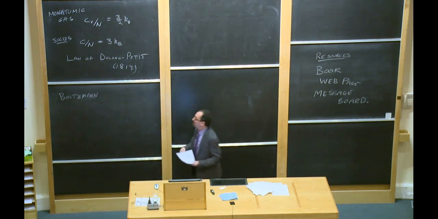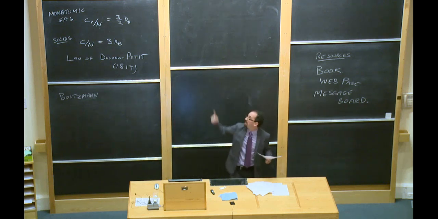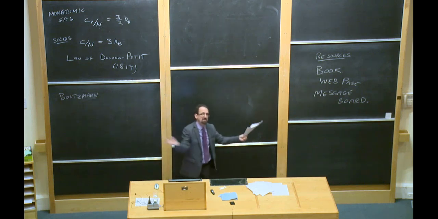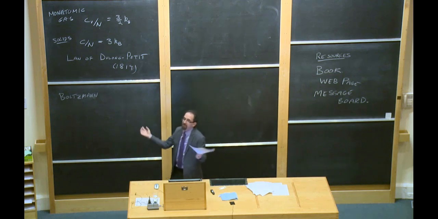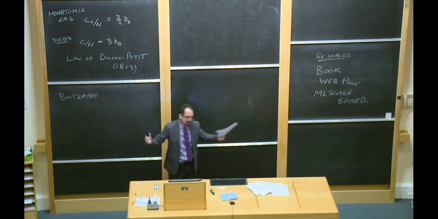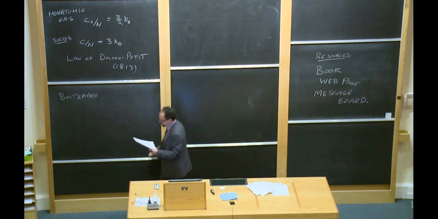Now, if you remember, what is his statistical mechanical picture of a gas? He already knew how to derive this 3/2 kB for a gas. And his picture of a gas is that you have these atoms flying back and forth in space. As you raise the temperature of the gas, they fly back and forth faster, and so they have more kinetic energy. So dQ, Q is the energy, and T is the temperature, and Q goes up as T goes up, so that gives you some heat capacity.